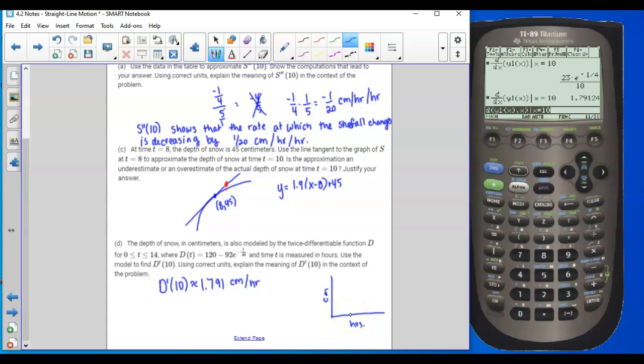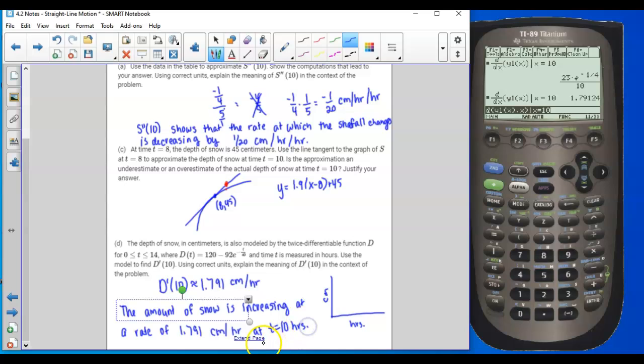And so here, this tells us that the amount of snow is changing, or is increasing in this case since it's positive, at a rate of 1.791 centimeters per hour at t equals 10 hours.